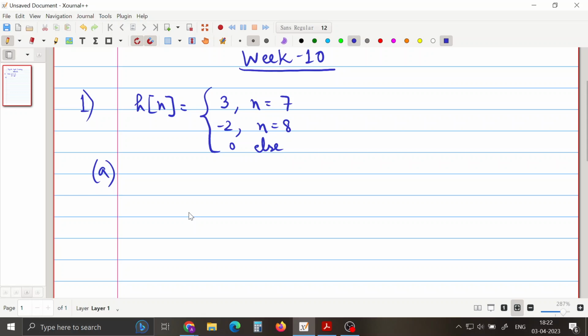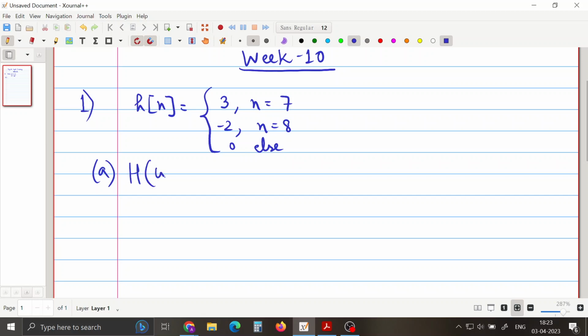In order to find the magnitude response, we need to first find the frequency response itself, that is capital H of omega. How do we find that? We just simply take the DTFT of h of n.